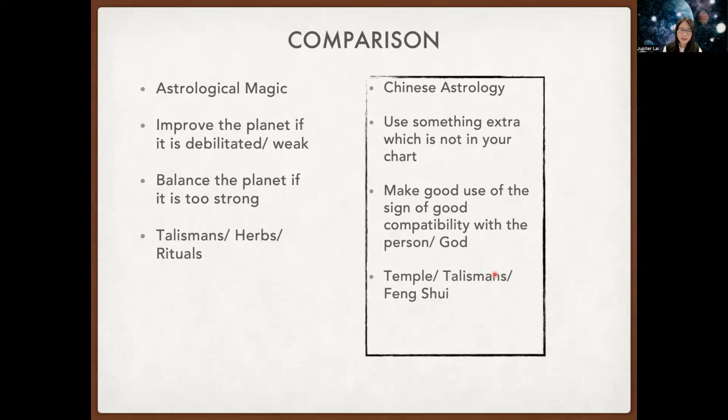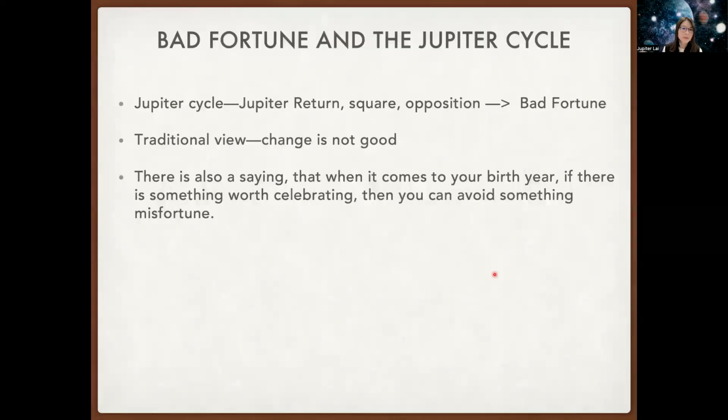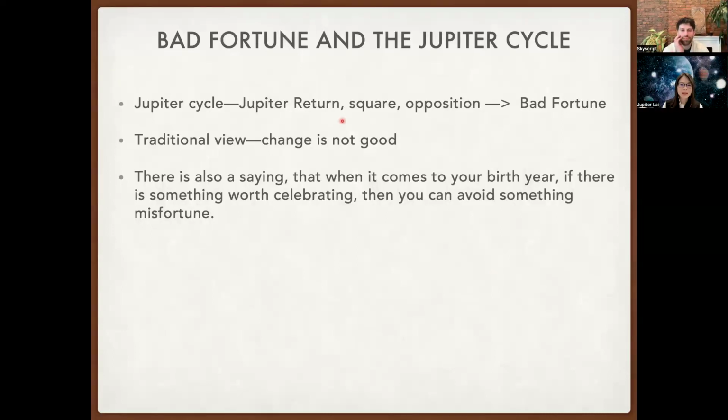And so here I just want you to brainstorm whether we can apply the same principle to the Western Zodiac, or in Western astrology. For example, you were born in the year of the dragon, and this year you are going to have the Jupiter return.